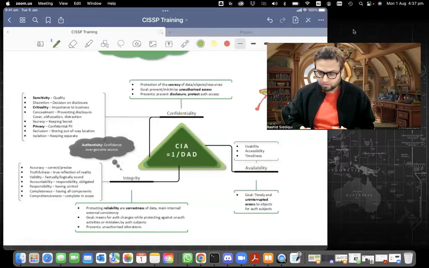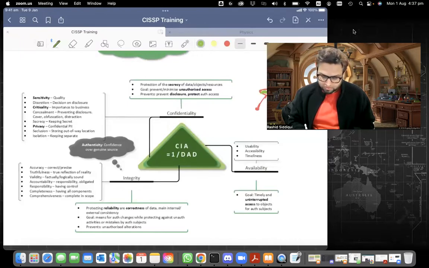So this definition and these specific words we should have in our mind. What does it prevent? It prevents disclosure. It protects the authorized access, right? So it prevents unauthorized access and it protects the authorized access. That's the basic goal of confidentiality.